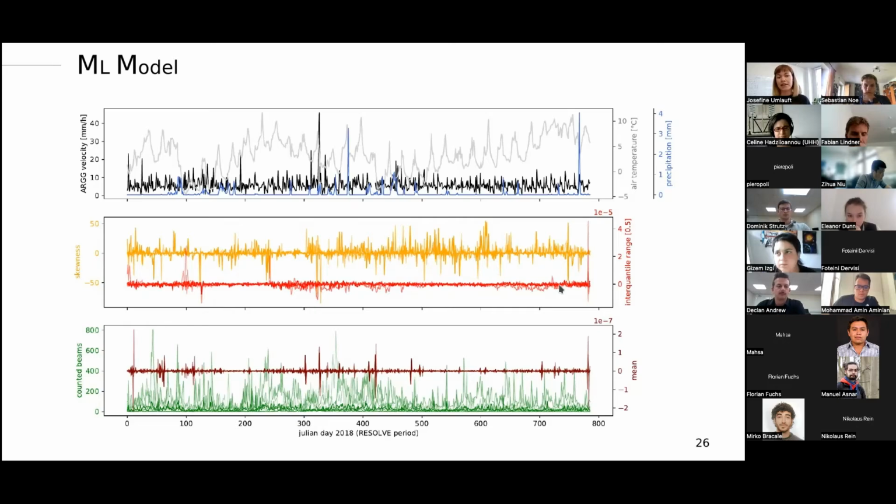We see that they also behave quite similarly, which is good, so that not one station is doing something totally different than another one. In the lower plot, you also see the mean, very stable for all 5 stations. And then, which is quite interesting, you see the counted beams in green.